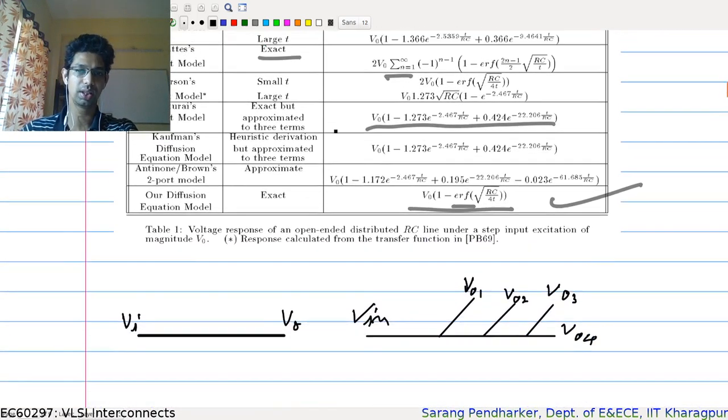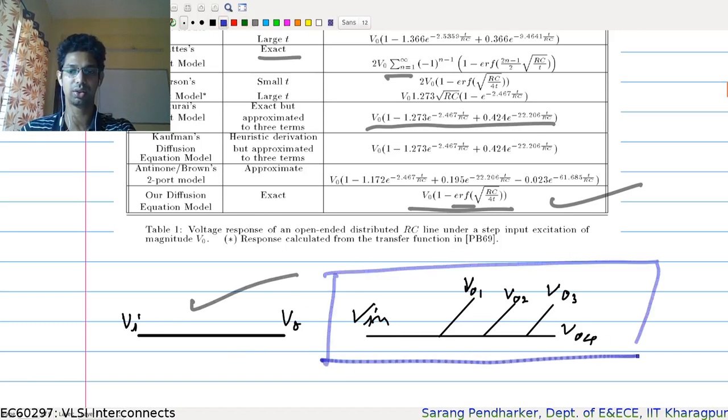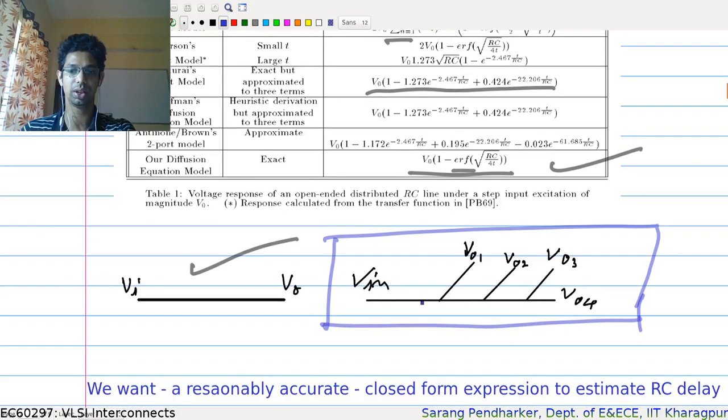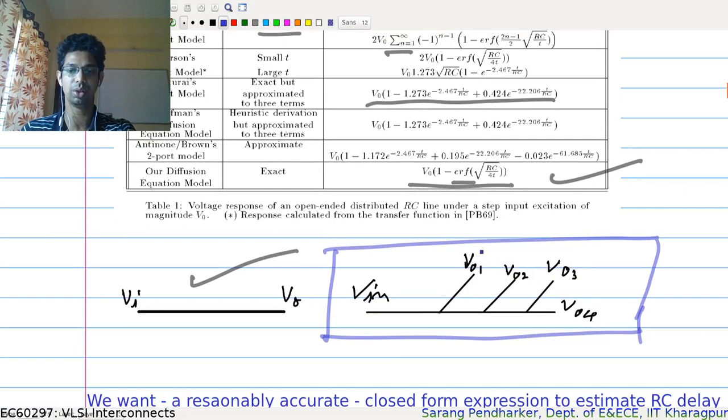Now remember, these simple expressions are for an interconnect like this. There is an input and there is an output. In practice, what we will be encountering is a lot more complicated scenario where there would be branching of the interconnect. So one input will not be mapped to a single output node, but would be feeding multiple outputs, or say the load devices.